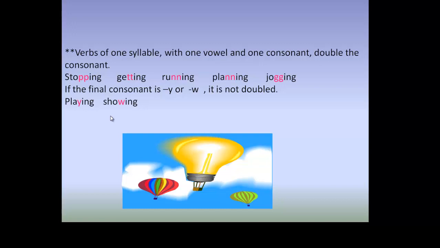If the final consonant is Y or W, it's not doubled, like play, playing. Here there is no need to double the final letter. And show, showing, we just add ing at the end of the verb.